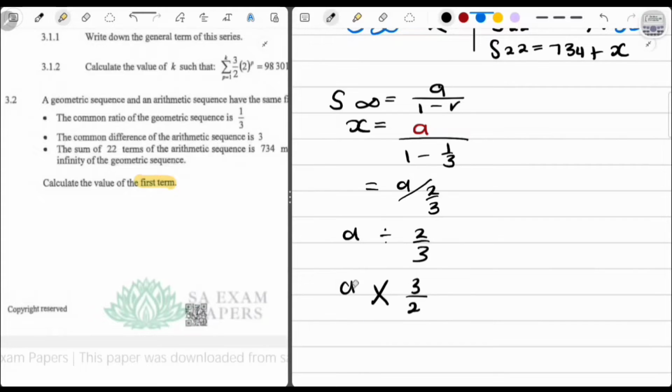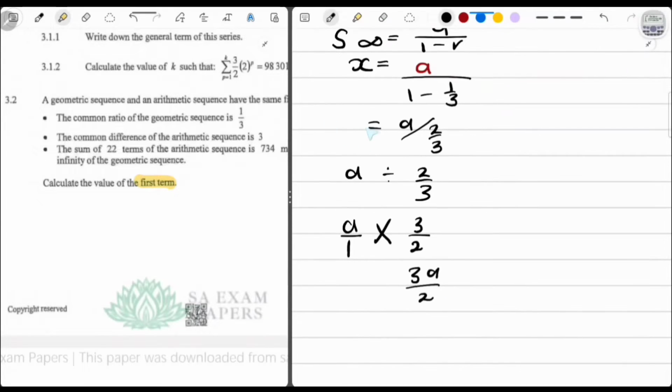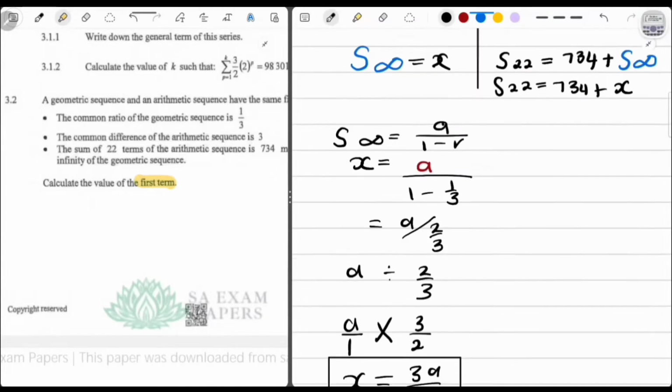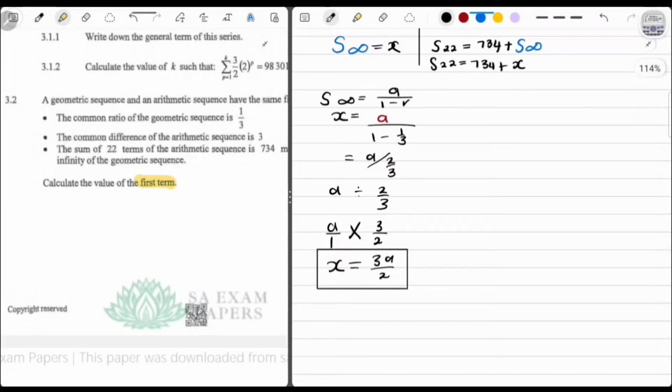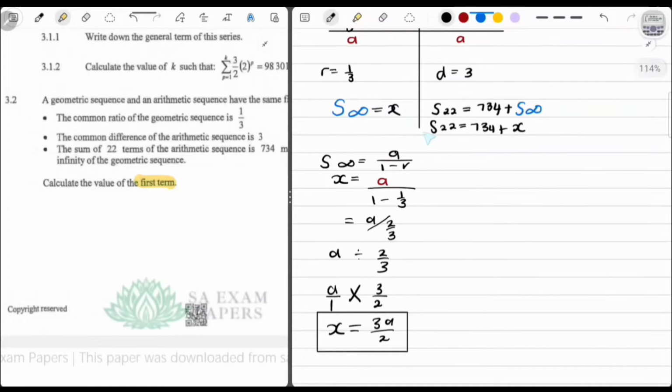Numerator times numerator, remember this is on the numerator, right? Numerator times numerator, that's 3a. Denominator times denominator, that's 2. So that's actually what the sum to infinity is, or that's what x is. Found that part. That's the sum to infinity of this geometric sequence, as long as we don't have a, of course. Then we have to find the sum of 22 terms.